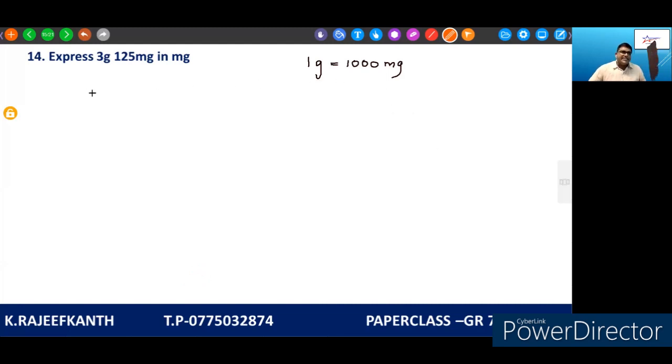So here this is 3 gram 125 milligram. 1 gram is equal to 1000 milligram, then 3 gram is equal to 3000 milligram. Here there are already 125 milligram. Then totally 3125 milligram. So if we convert 3 gram 125 milligram into milligram, it is 3125 milligram. Then question number 5.